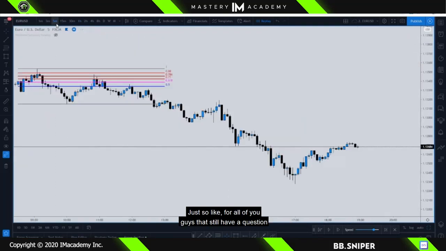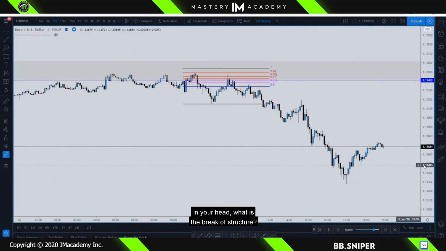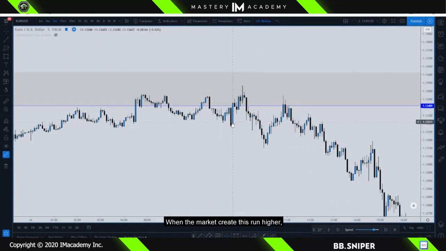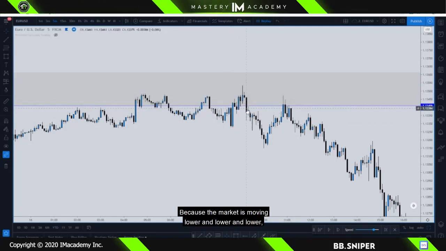Okay, just for all of you guys that still have a question in your head, what is the break of structure? So when the market created this run higher, it also generated this low. That's where they were buying orders to create this bullish environment over here. Because when the market is moving lower and lower and lower, those orders over here are not respected anymore. So that means the market is not respecting bullish orders inside of those institutional candlesticks.